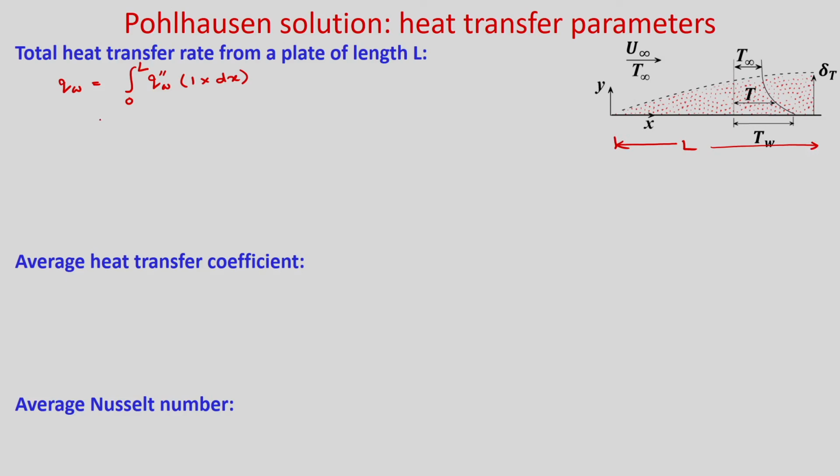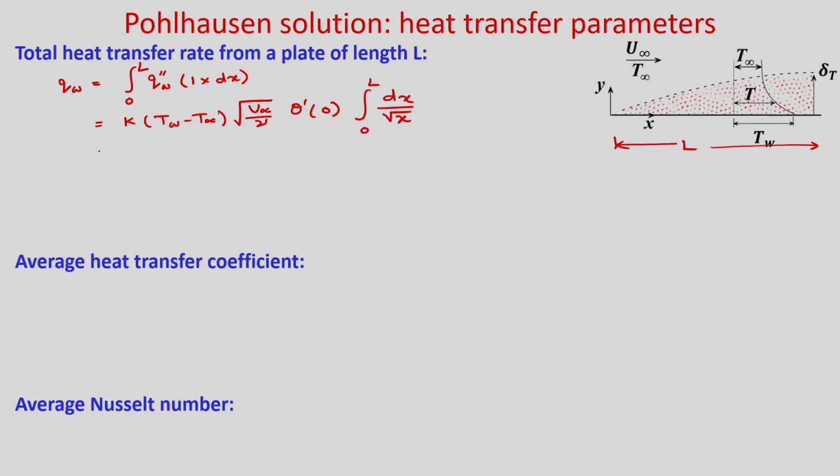If you put the expression of q double prime w here, the constants you can take outside the integral. So, it will be (T_w minus T infinity) root u infinity by nu theta prime 0, integral 0 to L dx by root x.